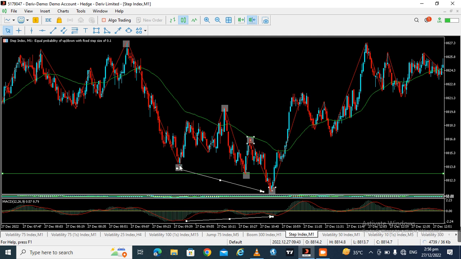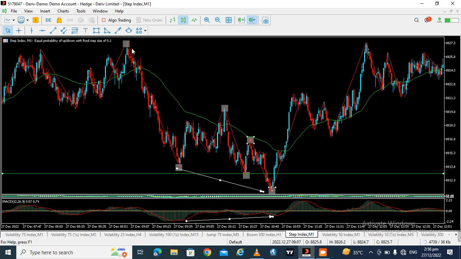We have lower lows here, whereas here it is forming a higher low. That is to say that bullish sentiment is beginning to come into play. Having spotted this, what do we do? Take note of the highs in between the divergence. Now this is the high between the divergence.